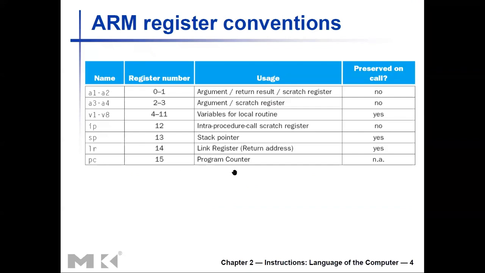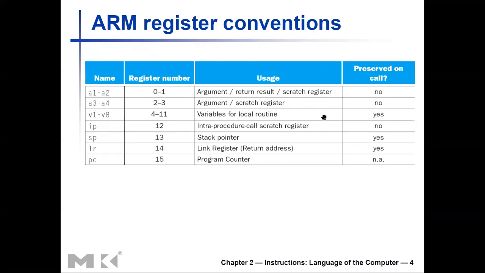When you are doing this, you need to have a convention. It will be more clear when we go into the example and discuss how function calling works. We have to have certain conventions. So in ARM, we have these ARM register conventions.